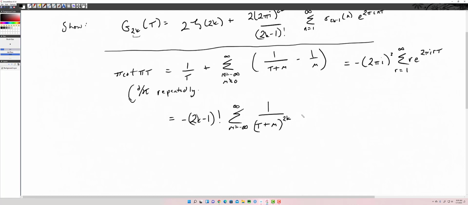So this is something that looks a little bit like the G2K Eisenstein series. And on this side, what we get is minus 2 pi i to the 2k times this sum.